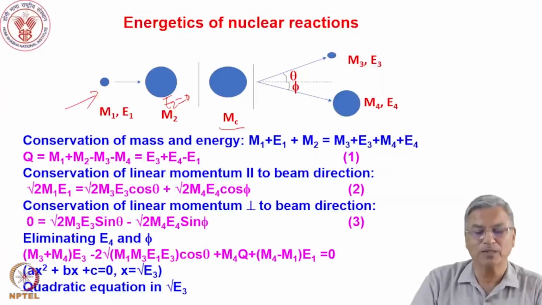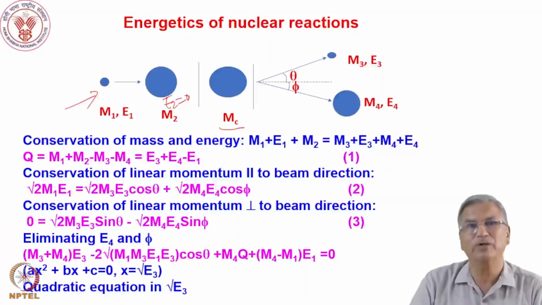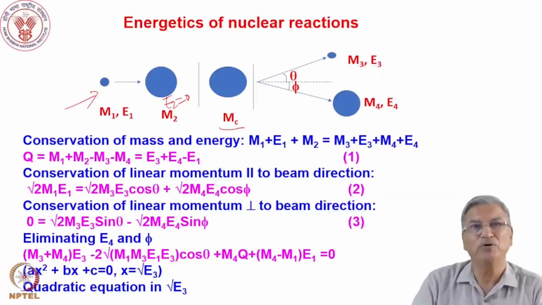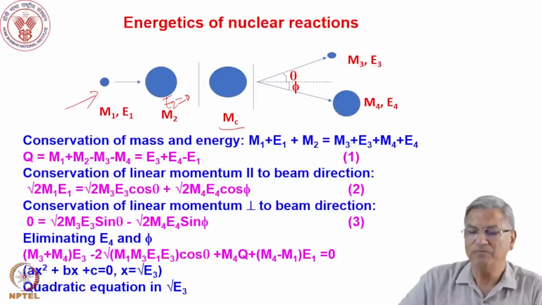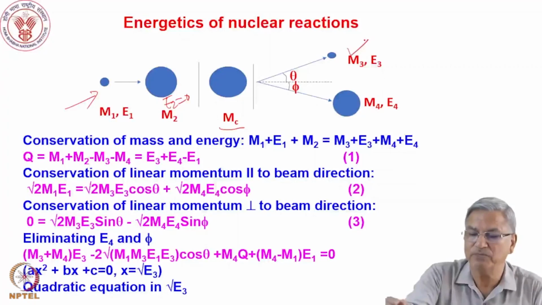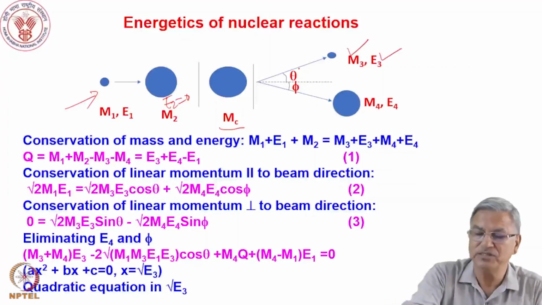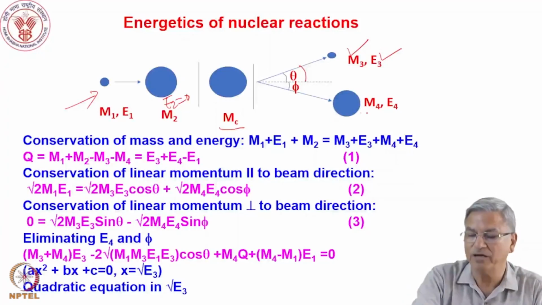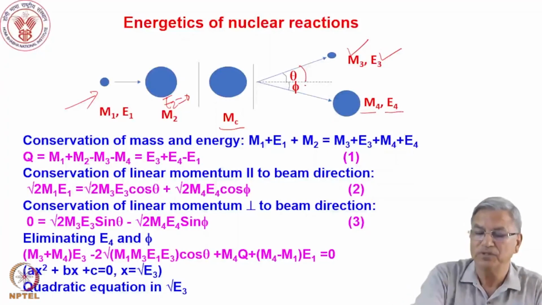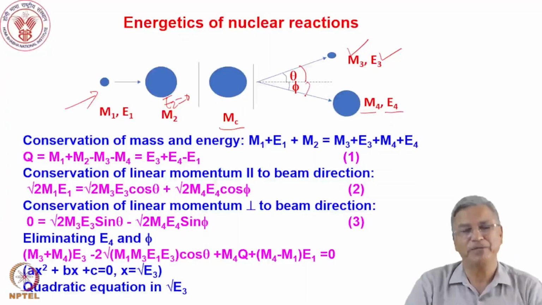So MC is the composite, M1 plus M2 will form a compound nucleus. It may not form a compound nucleus, but for the time being we'll say it's a composite nucleus. And after this reaction, you have an ejectile of mass M3, kinetic energy E3 emitted at angle theta, and the heavy residue of mass M4, kinetic energy E4 emitted at angle phi.